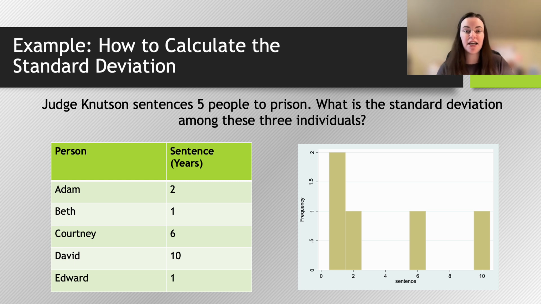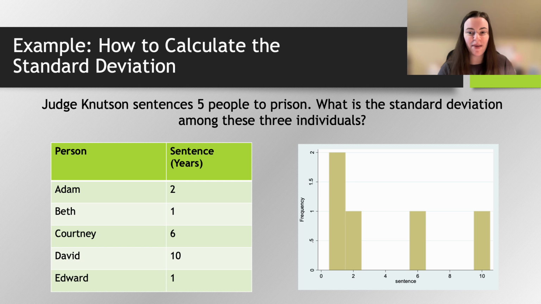In this case, a small standard deviation would mean that this judge is very consistent in terms of their sentencing, meaning that most people are getting similar sentences to one another. But a large standard deviation would suggest that this judge's sentencing decisions are a lot more variable, meaning that some defendants get really short sentences and some defendants get really long sentences.